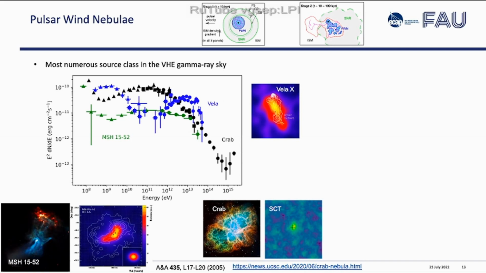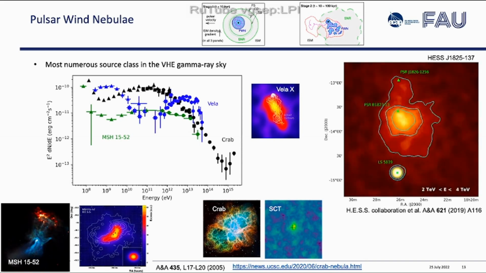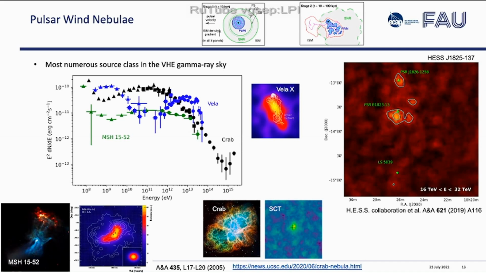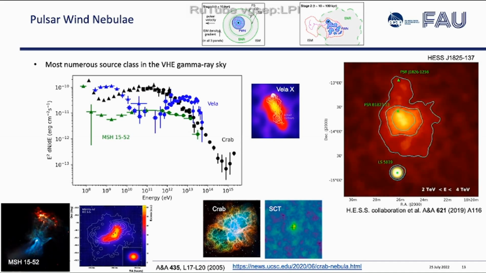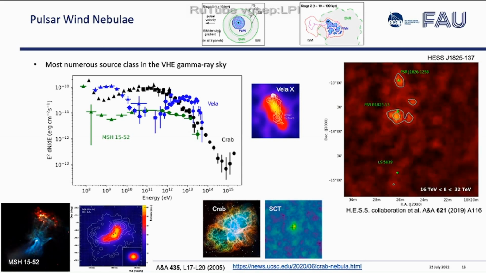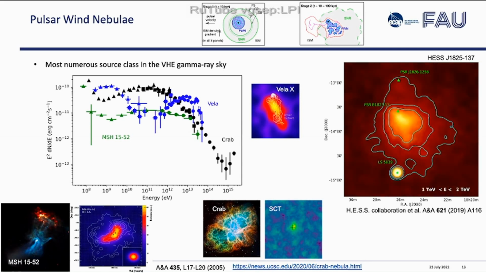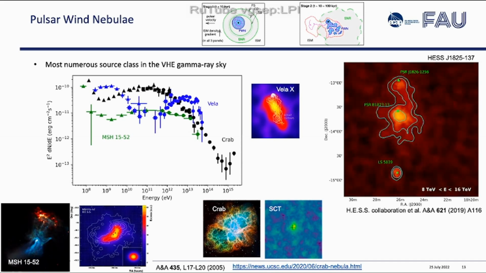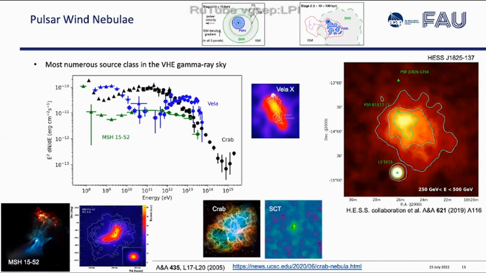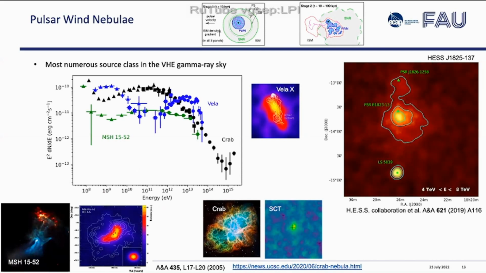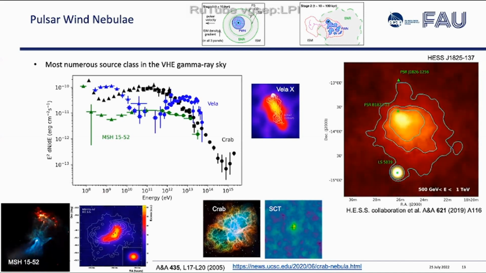So one more source that I'd like to highlight is HESS J1825-137. This is the canonical example of energy-dependent morphology, where what we see is electrons traveling from the pulsar, traveling outwards and losing energy as they travel. And so the result is that you have a larger size at lower gamma ray energies, and towards higher gamma ray energies, the emission concentrates towards the pulsar, and the centroid also shifts back towards the pulsar.